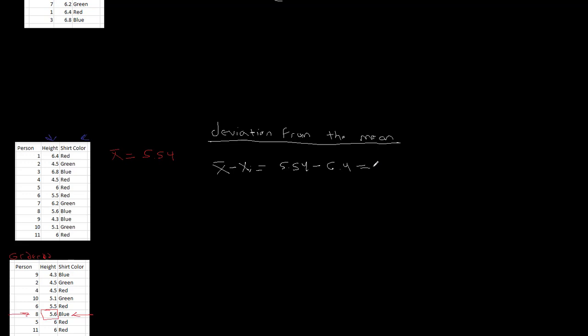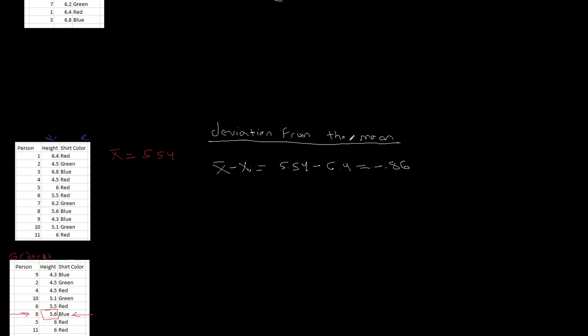And if we do the math on that, we get negative 0.86. That means our value here was 0.86 higher than the mean, because when you subtract a larger number from a smaller number, you get a negative number. So this means that our value is 0.86 higher than the mean.